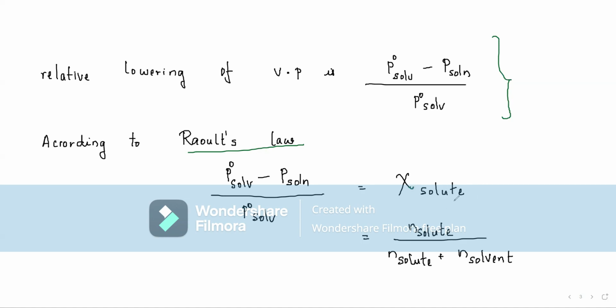How do we calculate the mole fraction of the solute? It is the number of moles of solute by the total number of moles. Total number of moles is nothing but the number of moles of solute plus the number of moles of solvent.